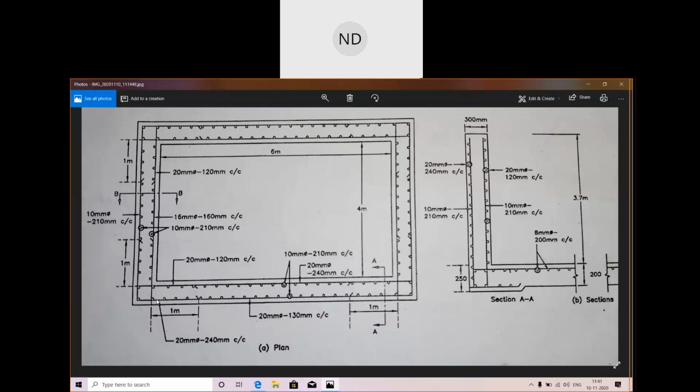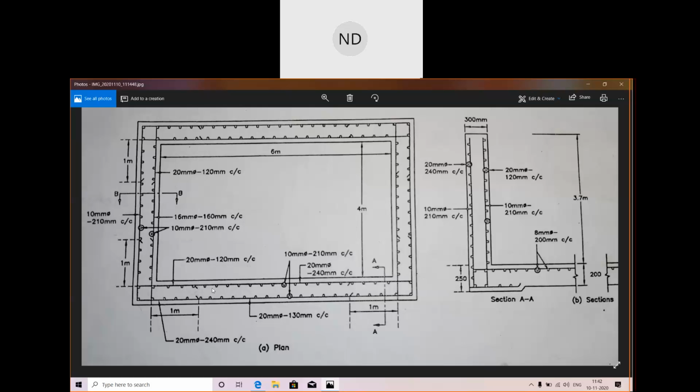This one at the support, 20 mm dia main bars at 120 mm center to center. This one at the supports, along the longer wall.